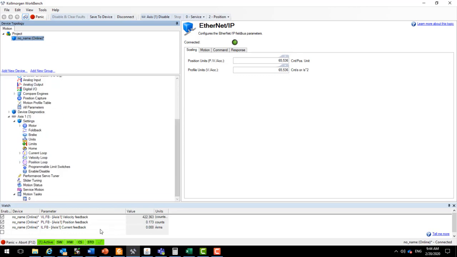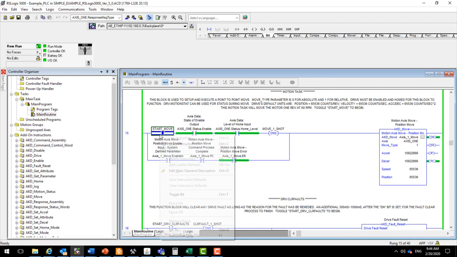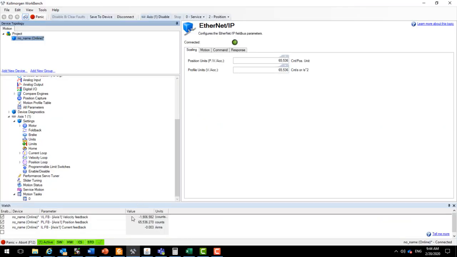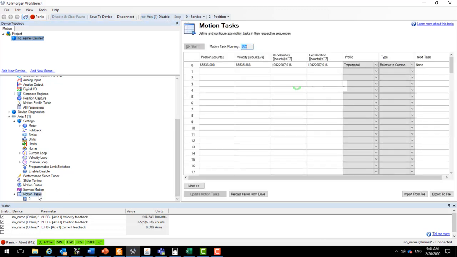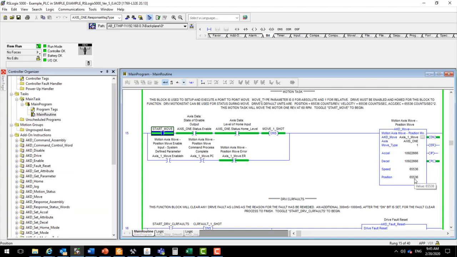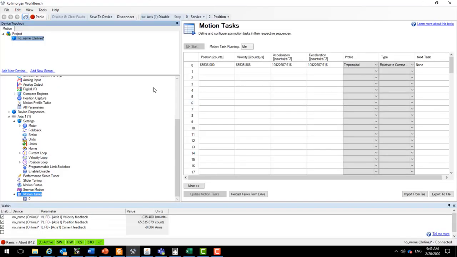So if I go back to the PLC program and do one index move, a relative move, and then I go back to Workbench, you'll notice that the distance is what was commanded, and you go to the motion task, and that particular AKD move instruction populated it with this data. So in this scenario, the PLC units are consistent with the units in Workbench.